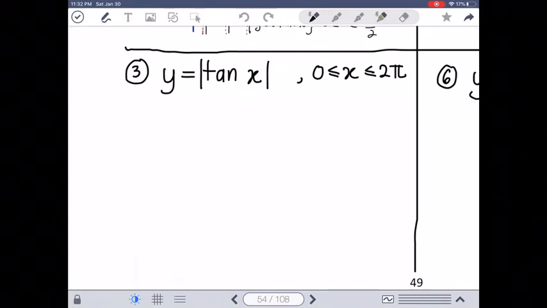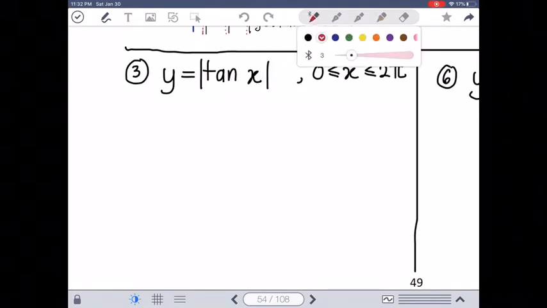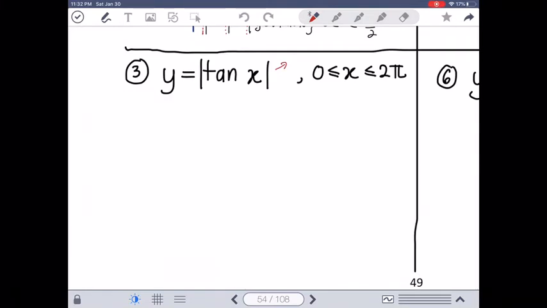Okay, let's have a look at the third example. Again, we deal with modulus. Modulus is just reflection, or rather, the negative part must be positive.